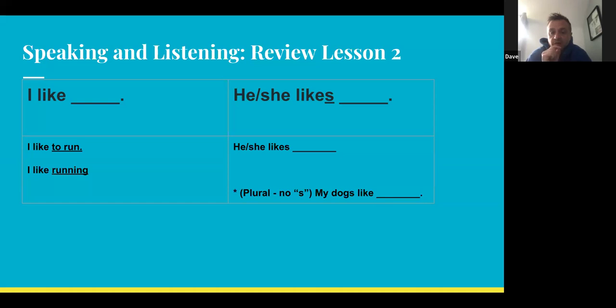Singular, the verb usually gets an S, and then plural, the verb usually does not get an S, okay? So keep that in mind. He, she likes, okay? My dogs like, right? So when you're repeating this, make sure you emphasize that S. He, she likes.